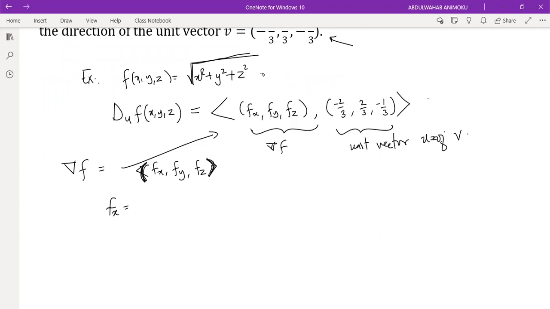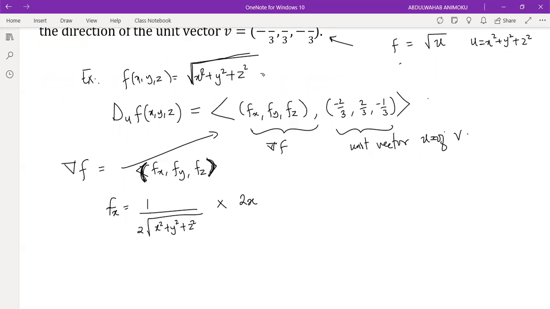So when we do this, the derivative of the square root gives us 1/2 of the square root. Now we multiply this with the derivative of the inside with respect to x, which will just give us 2x.